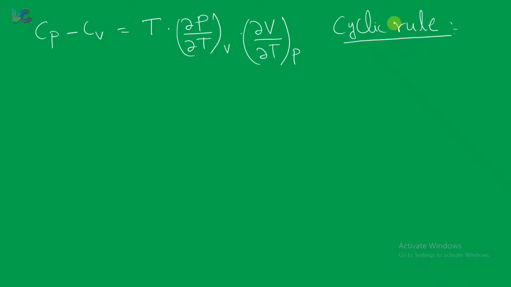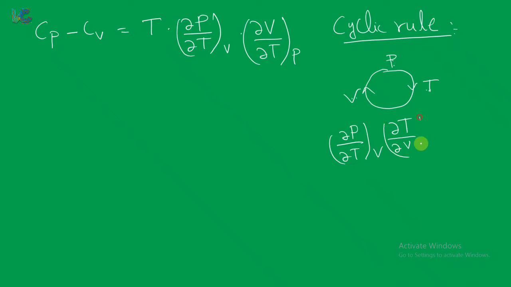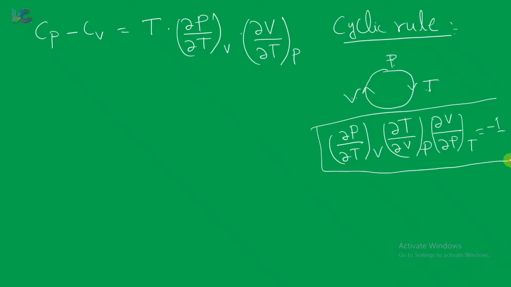So if you write the three variables P, T and V like this, and go clockwise, P to T to V, then by applying the cyclic rule we can write del P del T at constant V, then del T del V at constant P, and then del V del P at constant T, is equal to minus 1. So this you can write by using the cyclic rule.